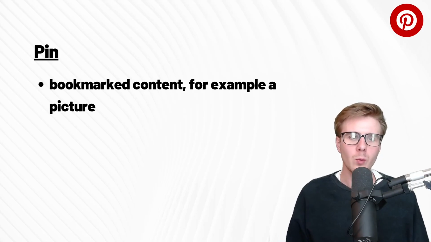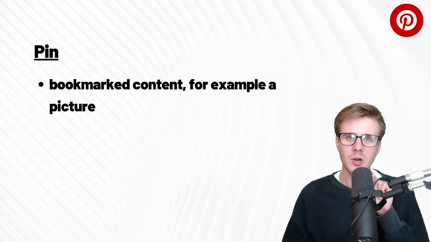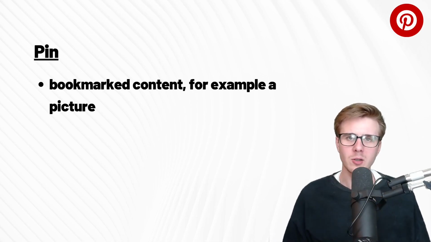Alright, so in words, it's basically bookmarked content, for example, a picture. Why bookmarked? Because with some special tools, I can simply say, okay, from my website I take this and that picture, and it's automatically uploaded to Pinterest.